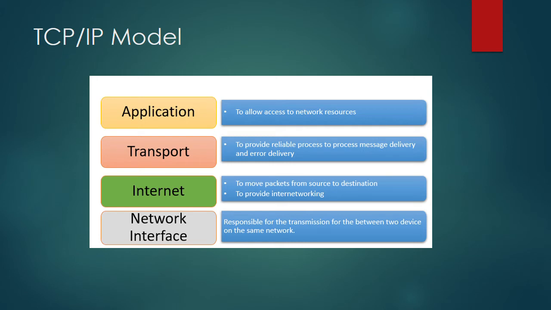We have the famous protocols in the transport layer, TCP and UDP, transmission control protocol and user datagram protocol, and there is another protocol called SCTP, stream control transmission protocol. These protocols help to communicate between specific applications inside the host.